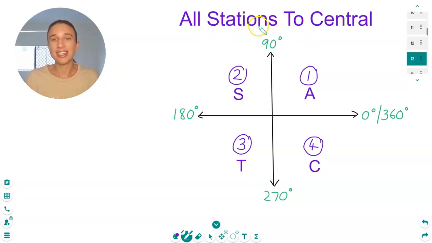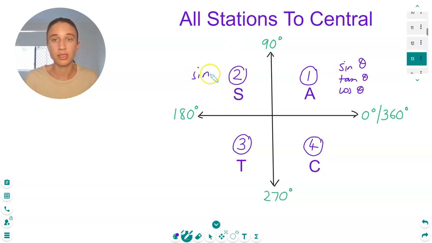So this is all stations to central. The A is in quadrant 1, and it means that all signs are positive. So sine theta is positive, tan theta is positive, and cos theta is positive. Whereas in the second quadrant, only sine is positive. The rest are negative.